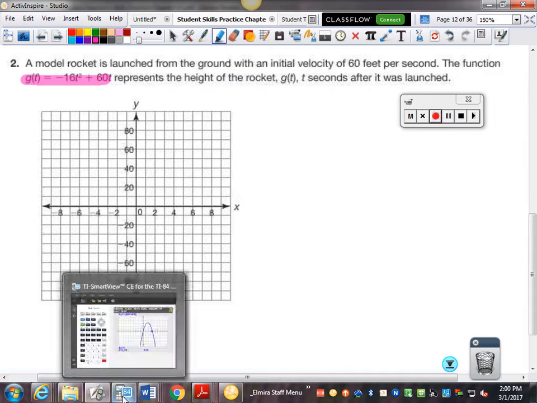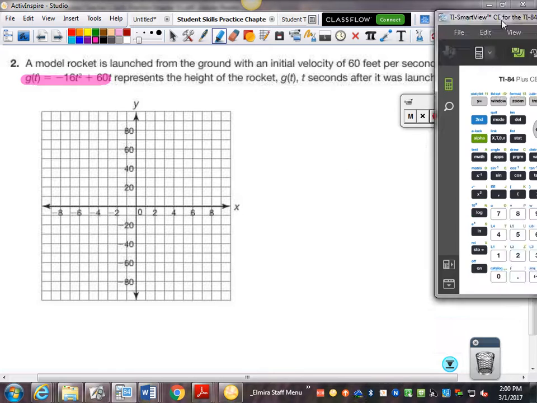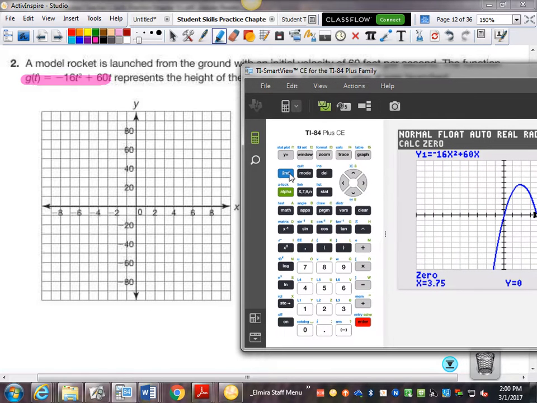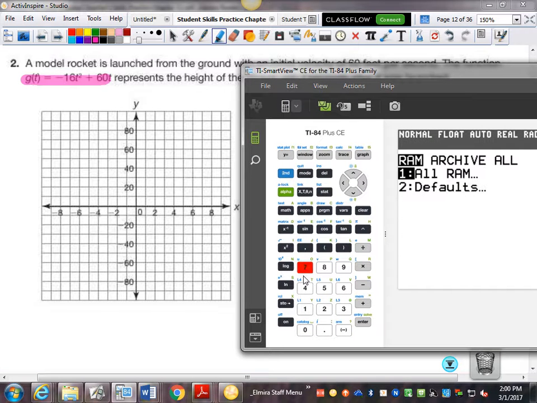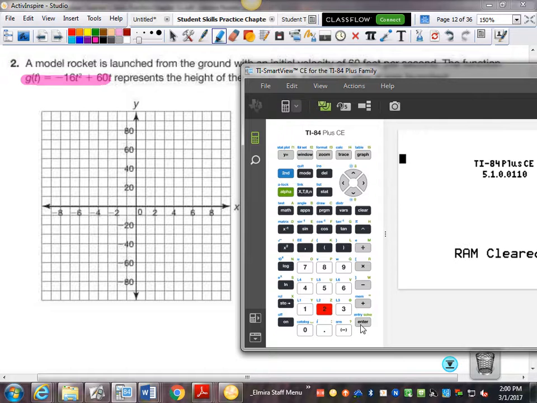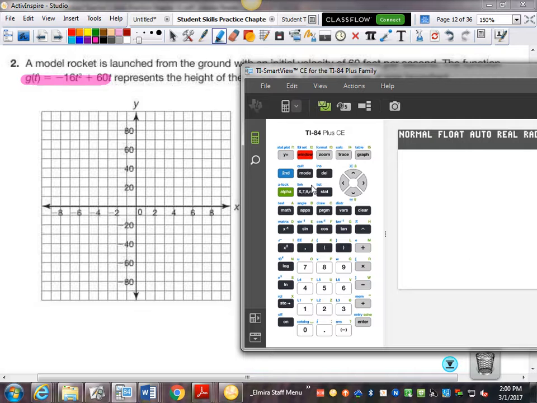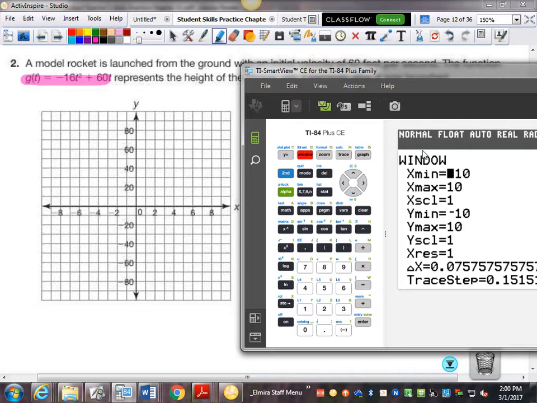So the first thing you really need to do, and I'm going to start with my calculator in its default state, is set up your window to match your graph. Now the default is to have my x minimum at -10, and this graph also counts out to -10.